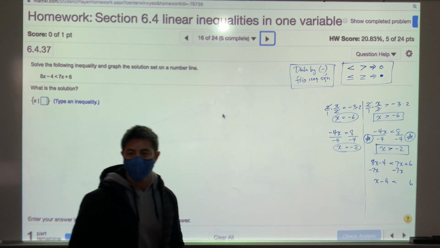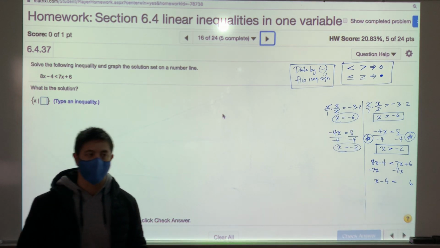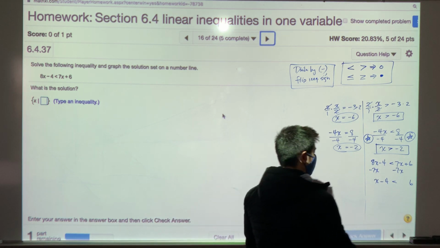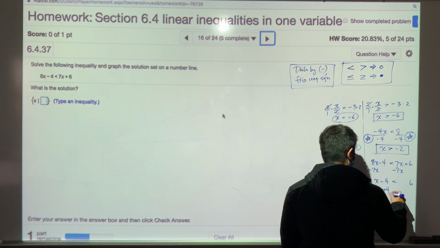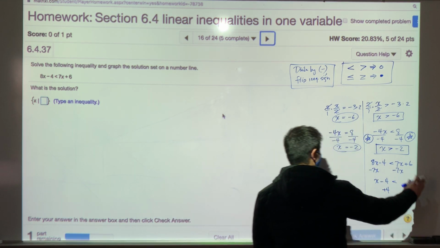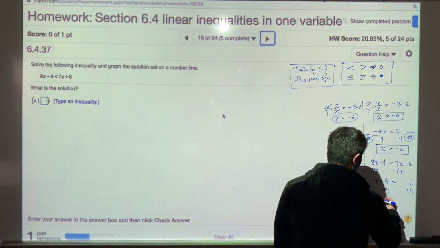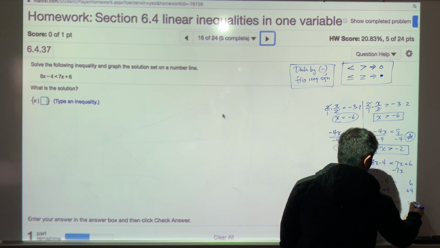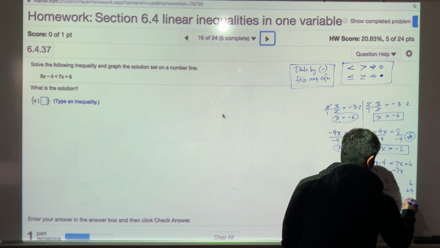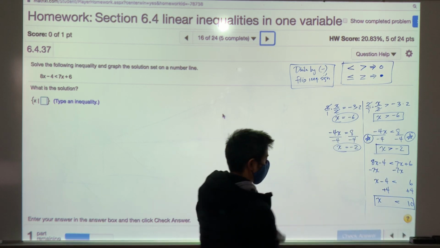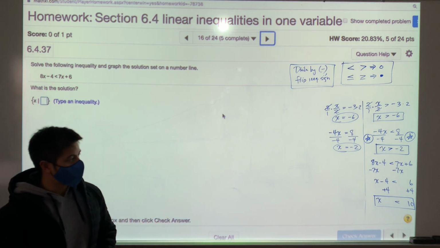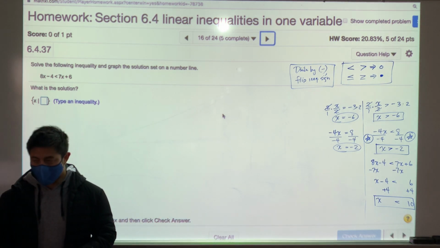What I've just done there is I've moved all the variables to the left. That means that this -4 is going to need to be added or moved to the right. All of these things, again, we've done before. And once that's done, x is less than 6 plus 4, which is 10, and there's your answer.